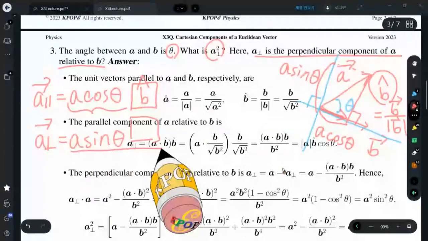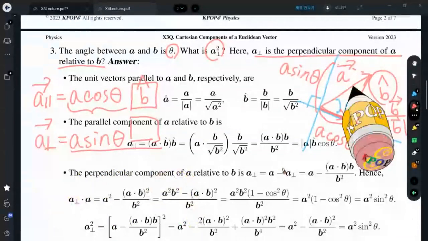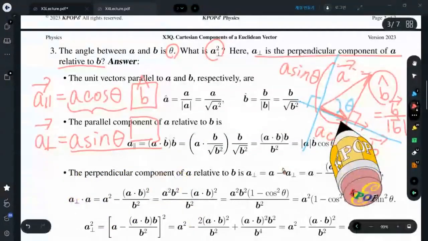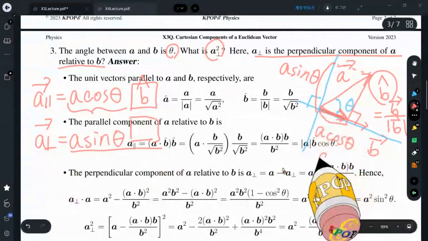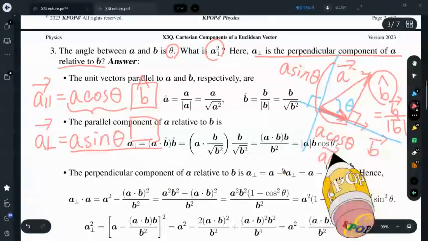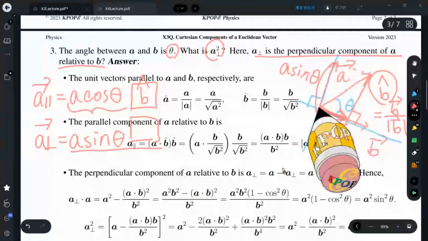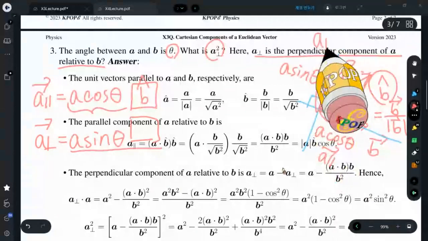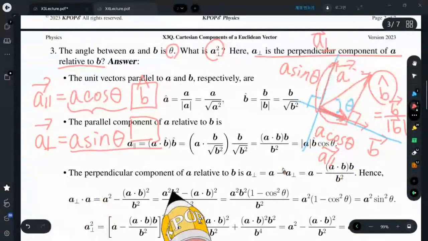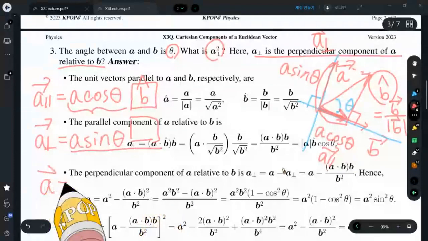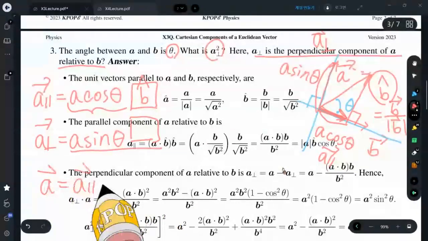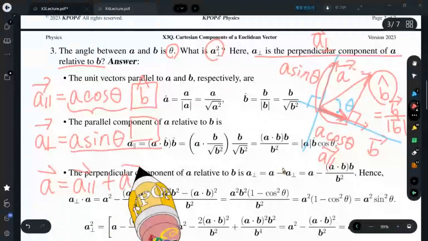Instead, because this vector is a sum of a parallel component, called A parallel, and a perpendicular component A perp, A equals A parallel plus A perp.